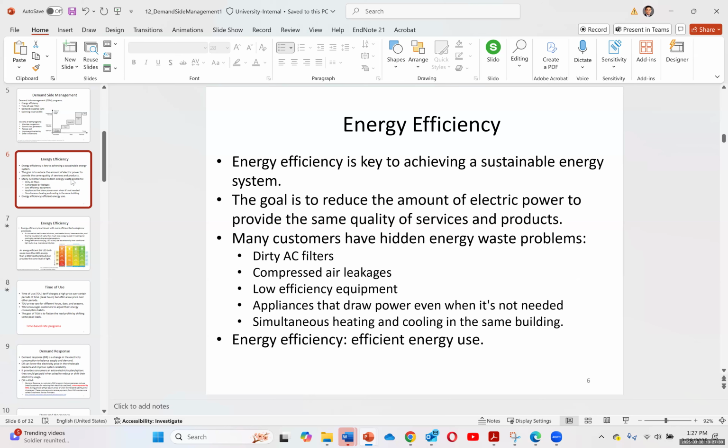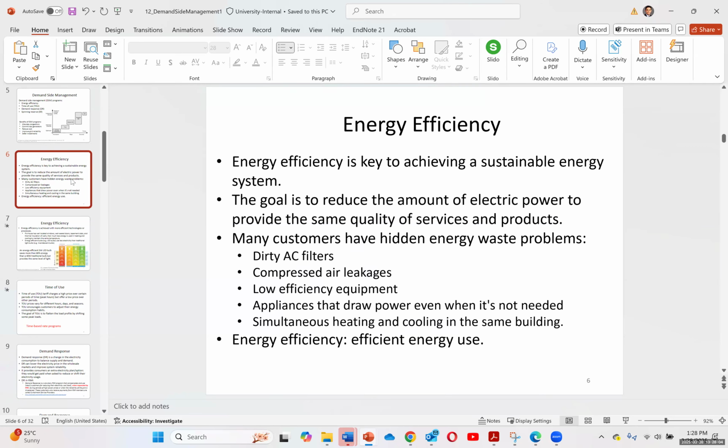Some examples of waste energy in the system could be an outdated old AC system or dirty filters in an AC system, which puts extra pressure on the fan and the cooling, and the AC would run for extended periods of time. In addition, the older generation HVAC systems use an AC motor.